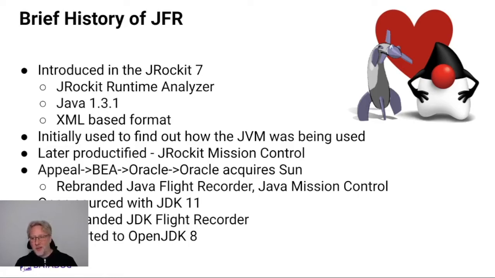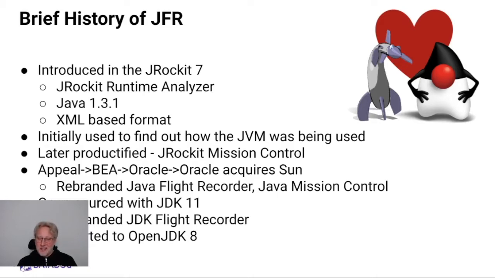And after a few acquisitions, Oracle owned JRocket, and after that, Sun was acquired by Oracle, and then the JVM teams merged, and then it was rebranded into Java Flight Recorder and Java Mission Control. And when this all was open sourced, it was rebranded because there were some concerns regarding registered trademarks and registered names or something like that.